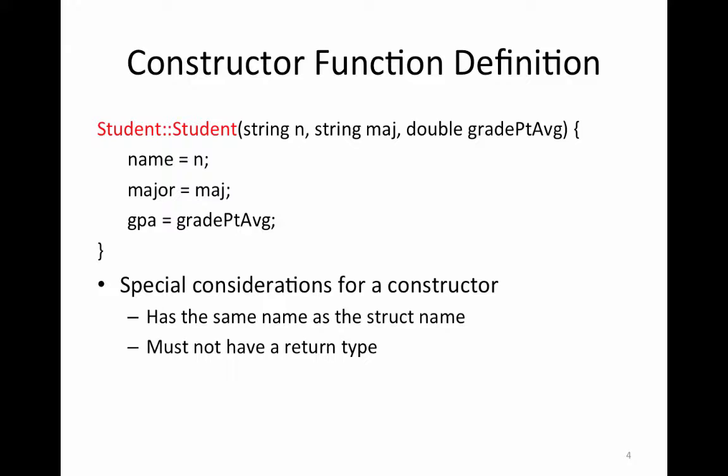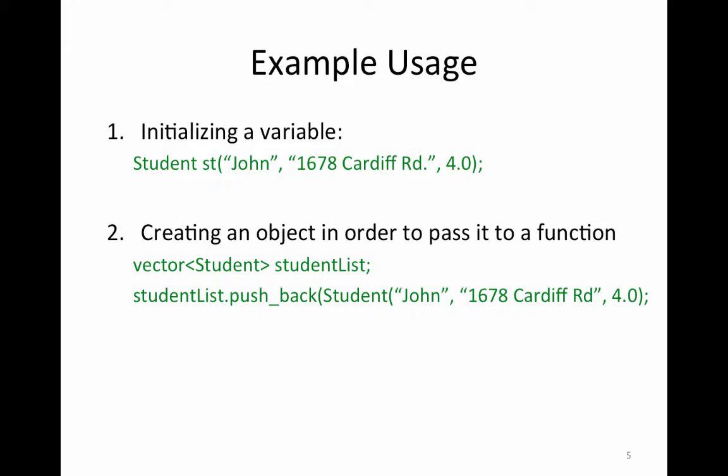The reason I don't have to do it is because name, major, and GPA are declared in the student struct, and since this constructor is associated with the student struct, it knows about name, major, and GPA. Okay, so this is how we initialize the fields of a struct. Questions about this? Okay.